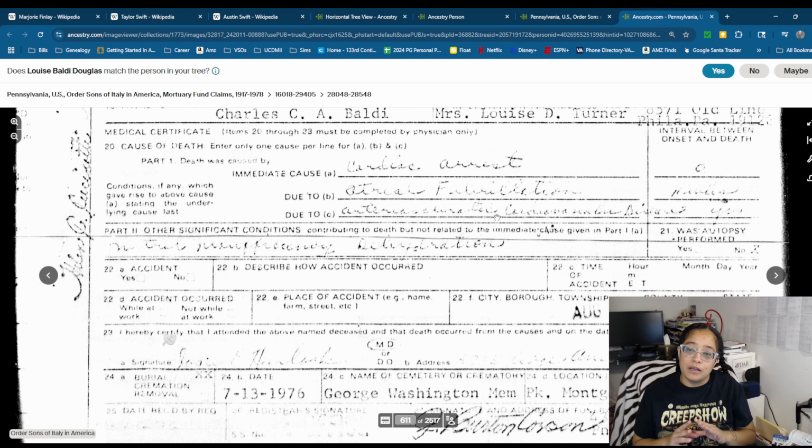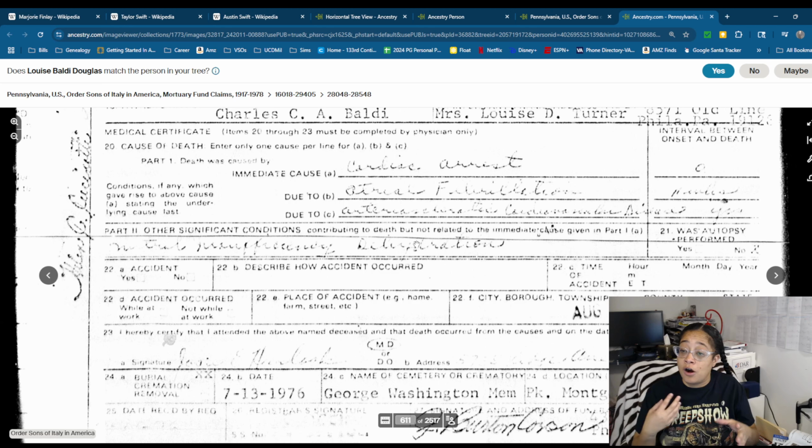Genealogy is another thing that gives you very good insight into the health of your family, especially at the time of their passing, right? So you're going to know what was the immediate thing they died of, but then you're also going to find out, did they have any other very serious medical conditions at the time that they passed?